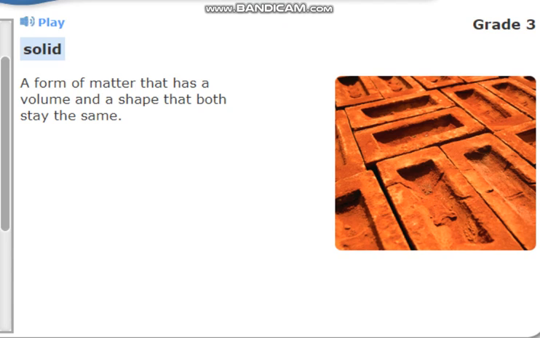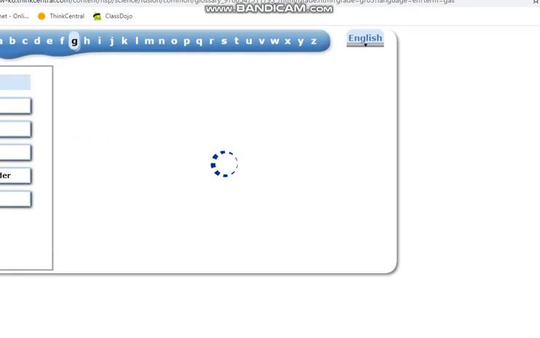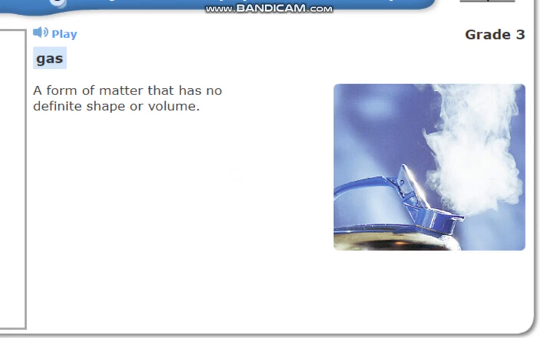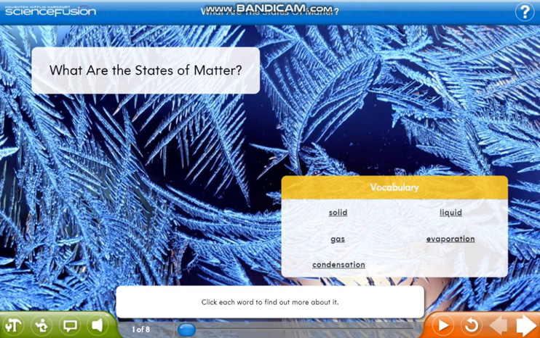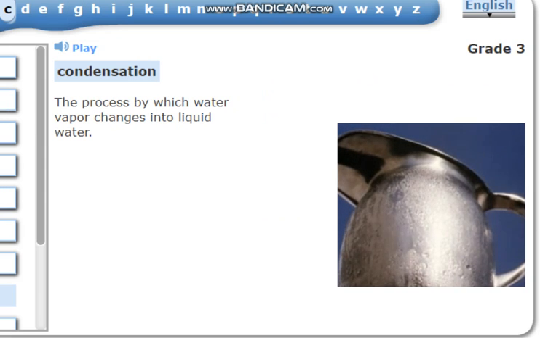Solid. The form of matter that has a volume and a shape that both stay the same. Gas. A form of matter that has no definite shape or volume. Condensation.